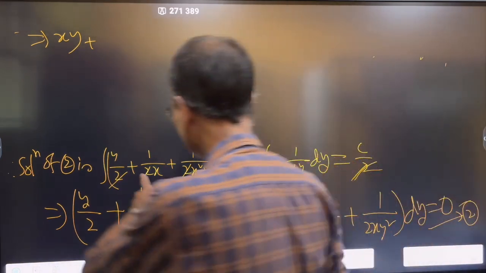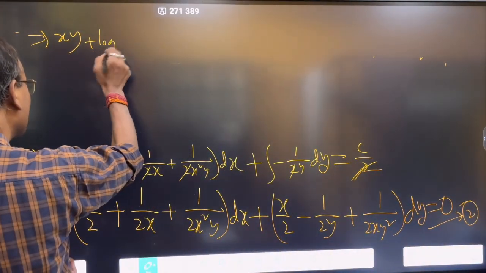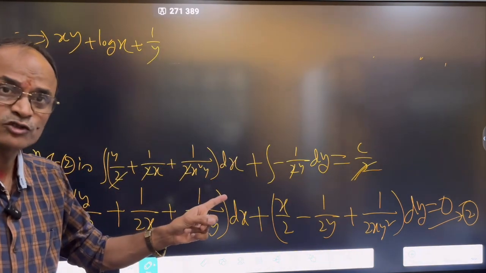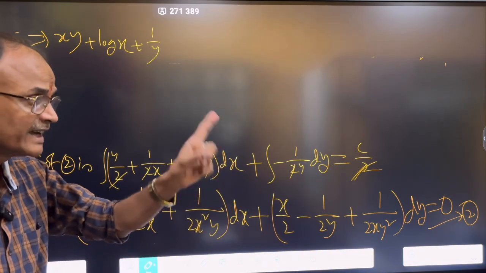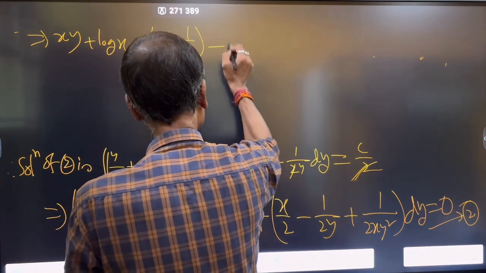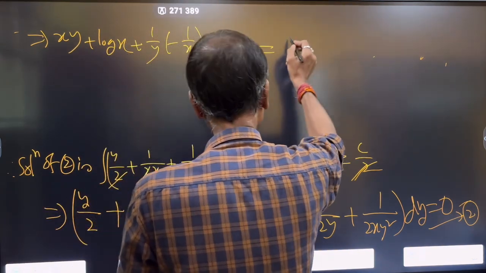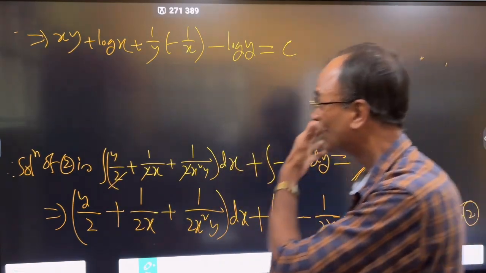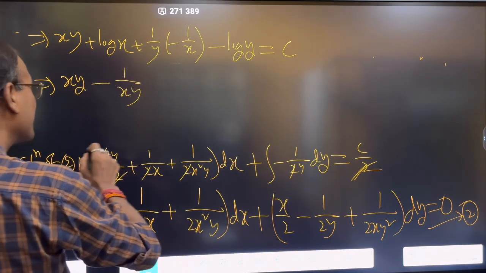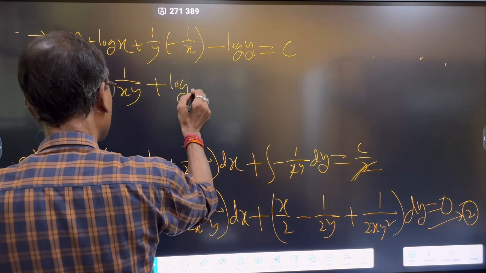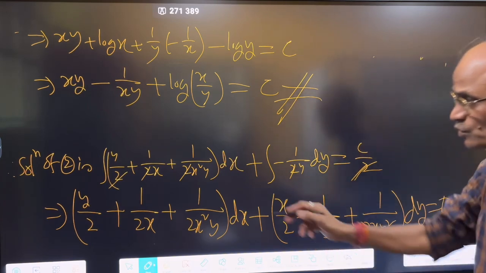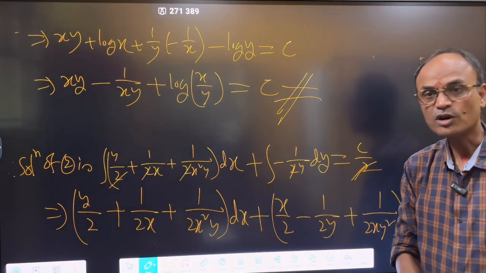Therefore, it is xy plus log x, and 1 by y is constant. The integration of 1 by x square is x to the power minus 1 by minus 1, that is minus 1 by x. Minus log y equals the constant c. Or xy minus 1 by x y plus log of x by y equals constant. This is the solution of the differential equation 2.